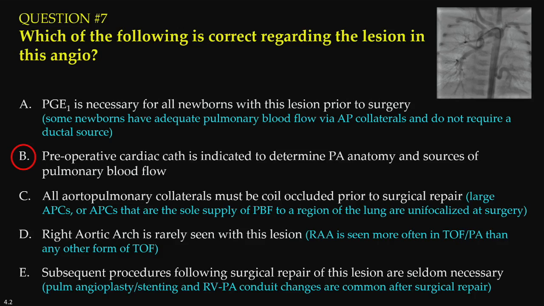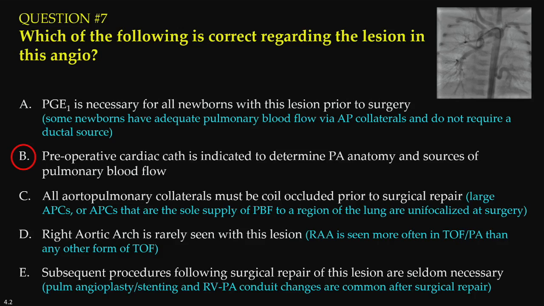So you have to do B first and determine whether the ductus is important or not, but sometimes you just stop the prostaglandins or never start them, and the patient can go home for a period of time before the surgery is performed because they have fairly stable sources of pulmonary blood flow.